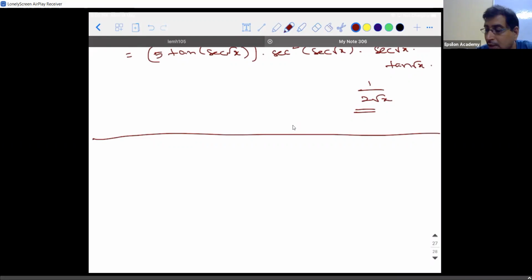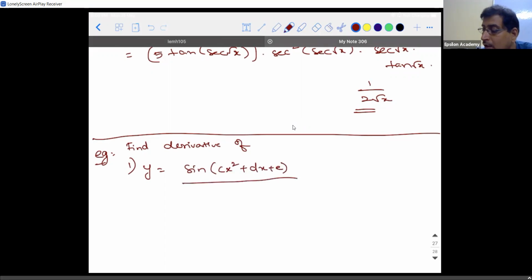The first one, make a note: find the derivative of y is equal to sine of cx square plus dx plus e divided by cos of ax square plus dx.